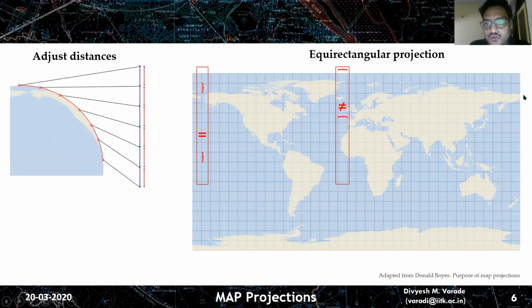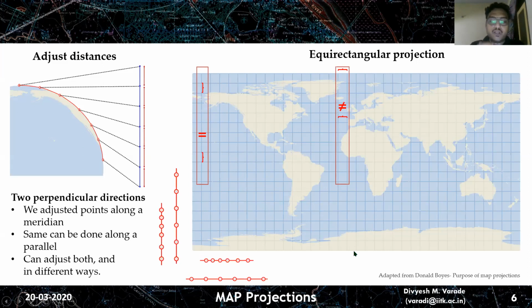Each of these cells is a rectangle, and the distance between the parallels is now constant. So this indicates that measuring distances along the meridians is fine because this is preserved. But we still have distortion because the meridians are still parallel. They do not converge on the North Pole or the South Pole.